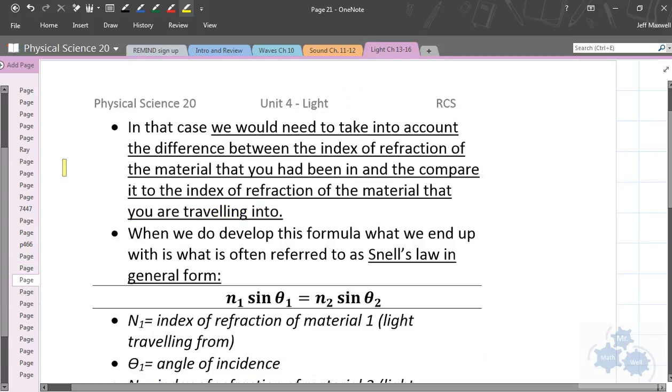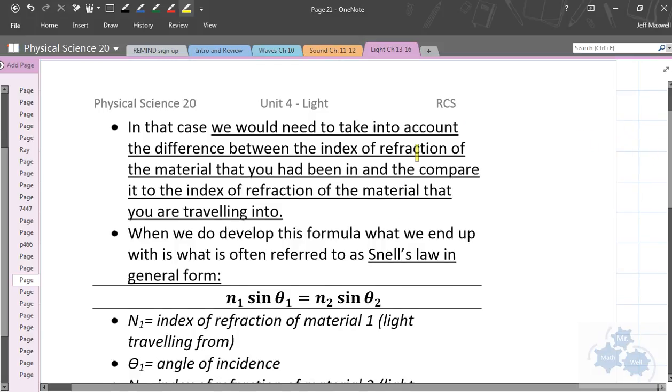In this case, we would need to take into account the difference between the index of refraction of the material that the light had been in and compare it with the index of the material it's traveling into. Like I said, the light ray is going to behave a little bit differently coming out of water into diamond as opposed to coming out of air into diamond, because the light rays have already slowed down a bit. And so we have to change the formula.